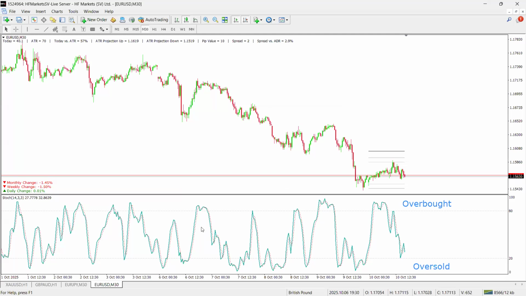Then how does this work? It works through what we call a crossover. Now, we have what we call a stochastic crossover. Now, in this particular case, what are we looking for?